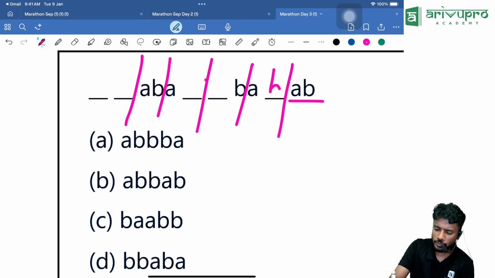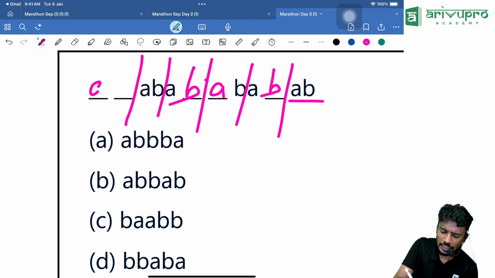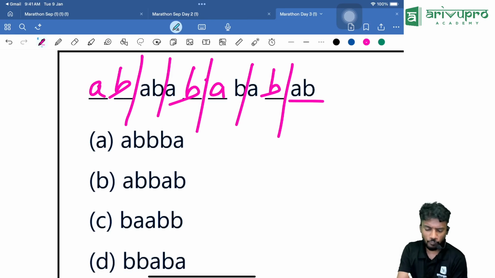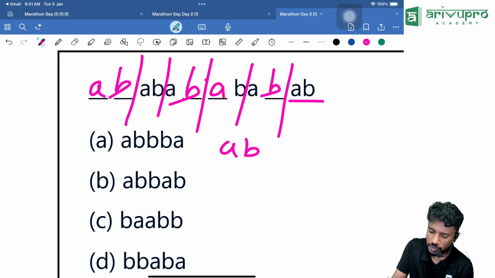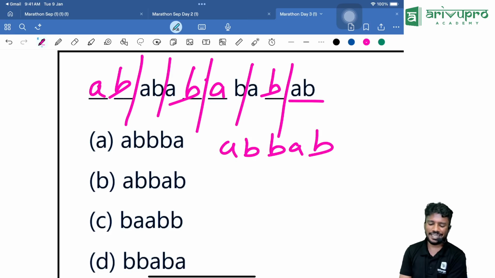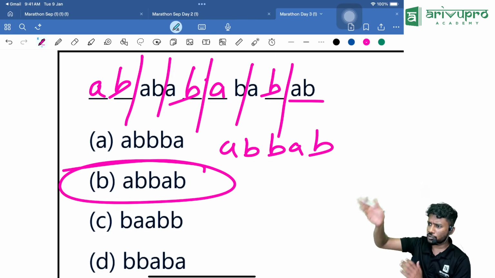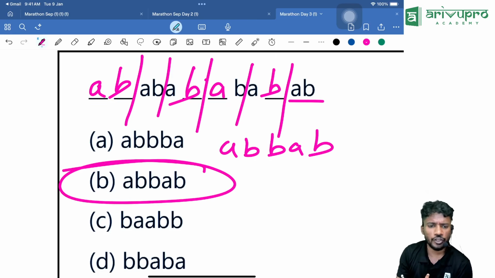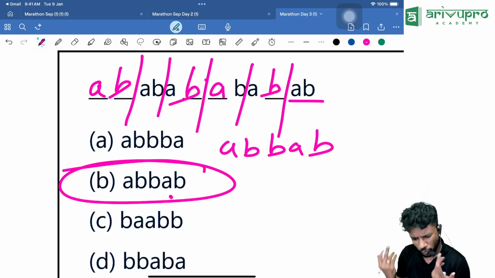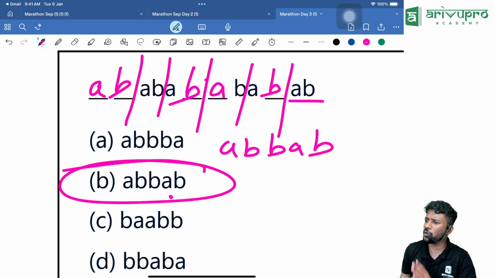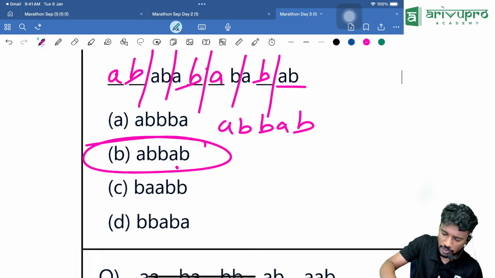Then this should be B. Then the first letter should be A. Second letter should be B. What is the missing thing? AB, BA, B. Which is the answer? B is your answer. If you are cutting it into 4 also, that is also fine. The only thing we are going to do is assume based on the options. Always try to cut it based on 4 because in most cases that will give you the answer.